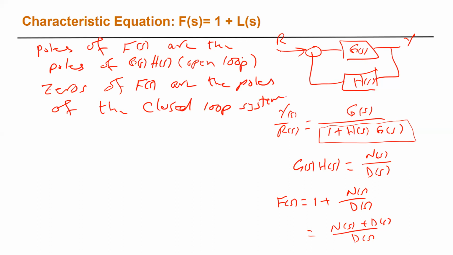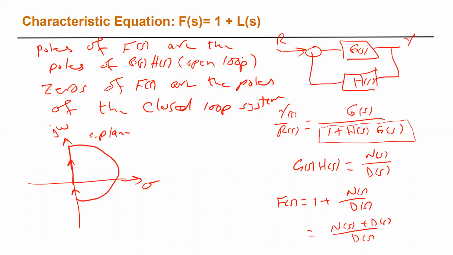In Nyquist, the first thing we will do, we take the S-plane. This is the real axis sigma, this is j omega, and we take a contour. The contour is the entire right half plane. So I will start from 0, go to infinity, all the way, take the entire plane and come from the negative side.